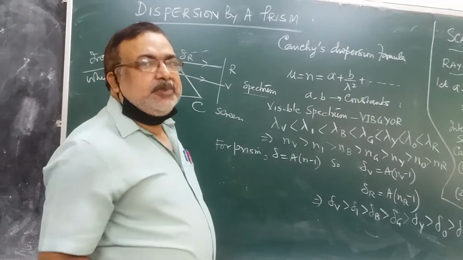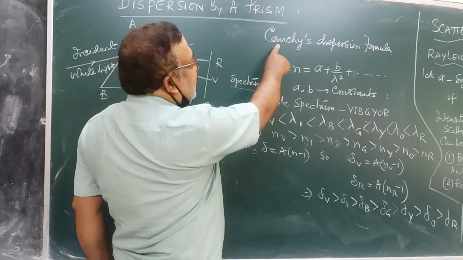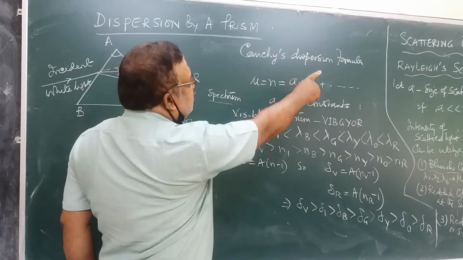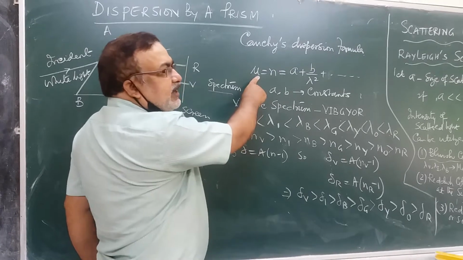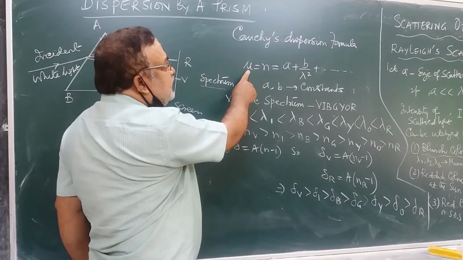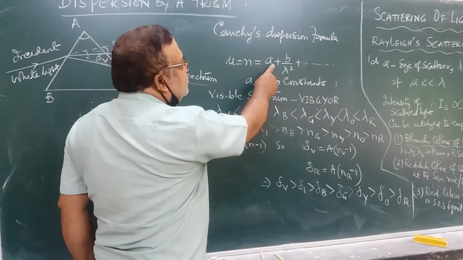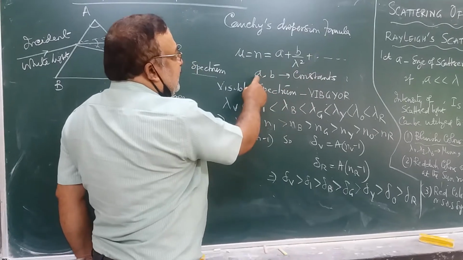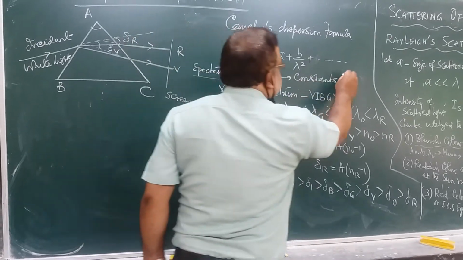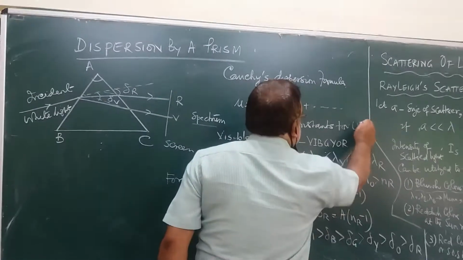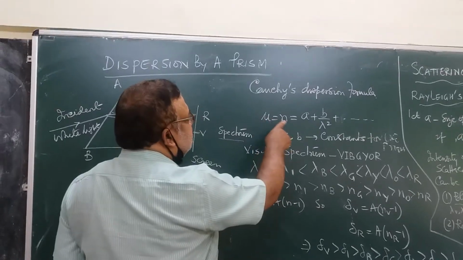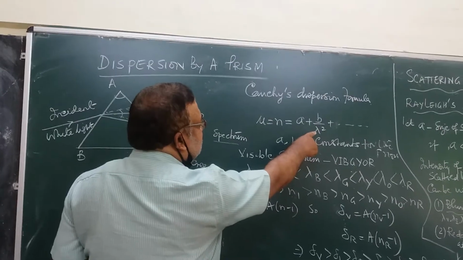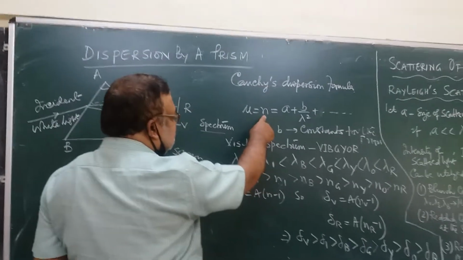Now why this splitting? To explain, we have Cauchy's dispersion relation, which states that the refractive index, denoted by either mu or n, varies with this relation, where a, b are the constants for the prism. According to this, as the wavelength is more, refractive index is less.